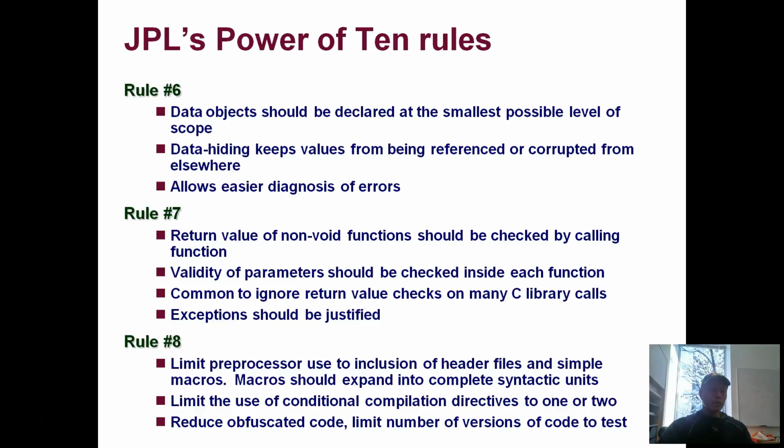Rule number 7 is the return value of any functions should be checked by the calling function. So the validity of the parameters should be checked inside of each of these functions, and then the return values should be checked just because error conditions need to be identified quickly.